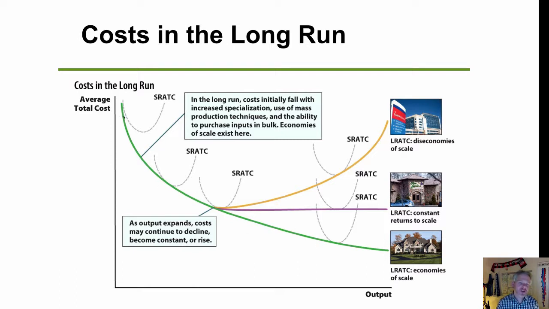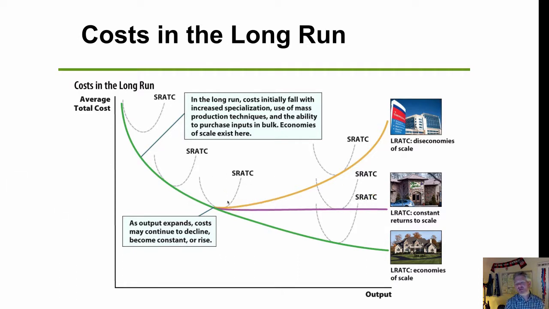So at the first part of production, let's consider that we're here. Now, these are the different cases. You might see a U-shaped one, and that means that they have diseconomies of scale. That means the short run average total cost starts to go up. If you have constant returns to scale, it means the short run average total cost stays the same. All those different short run average total cost curves are drawn in here.